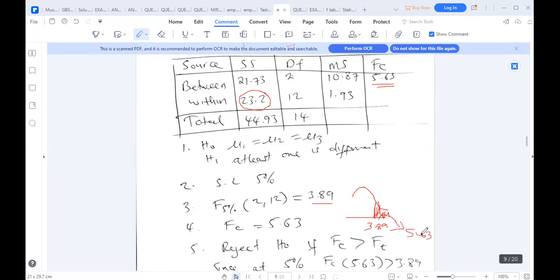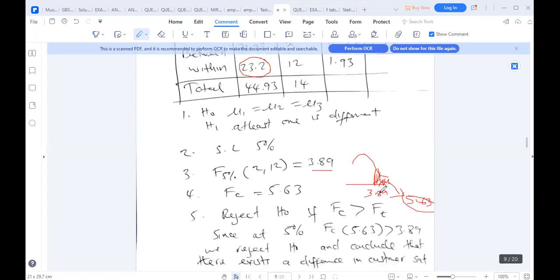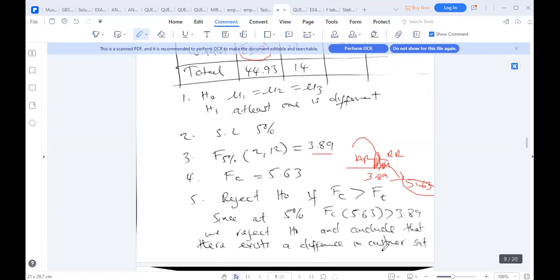It is in the shaded region, the reject region. Since F calculated 5.63 is greater than 3.89 at 5%, we reject H0 and conclude that there exists a difference in customer satisfaction.